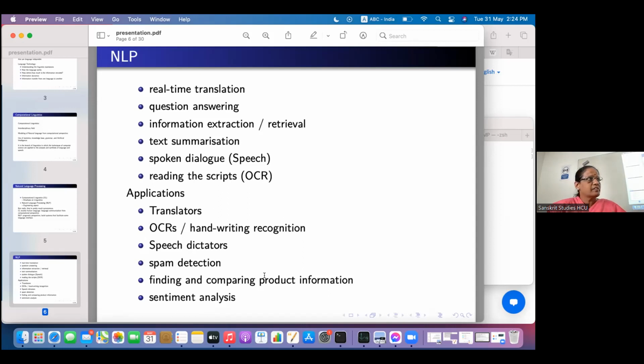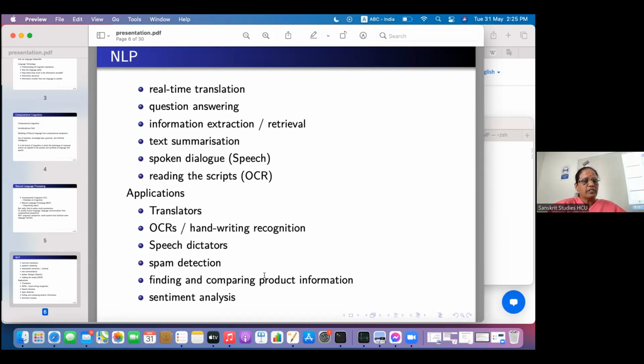So all this is the miracle of natural language processing, because behind all these systems, a natural language processing system is running, which detects whatever we are typing in, and that gets analyzed.